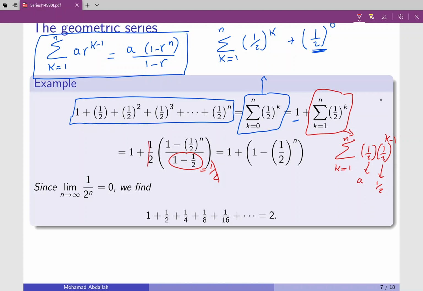So what's left is the 1 that I have here, plus 1 minus 1 over 2 to the power n. We know that 1 over 2 to the power n goes to 0 as n approaches infinity. So now Sn, or the value of this when n goes to infinity, is equal to 2. It's 1 plus 1. So when n goes to infinity, that's going to be 1 plus 1 minus 0.